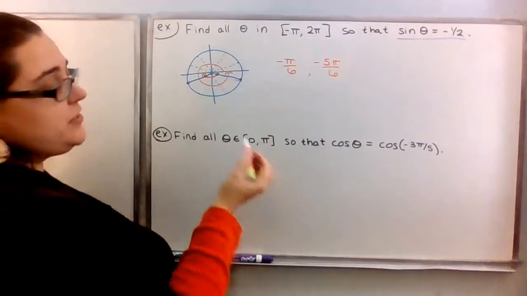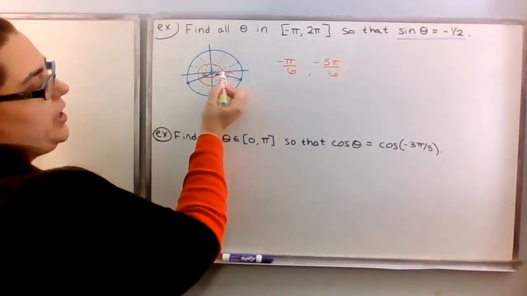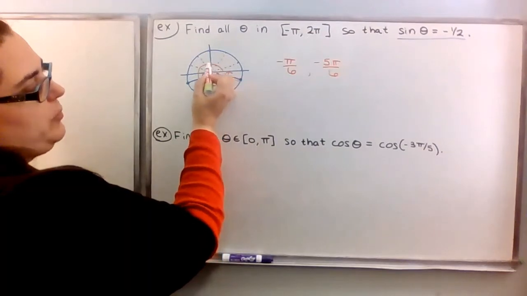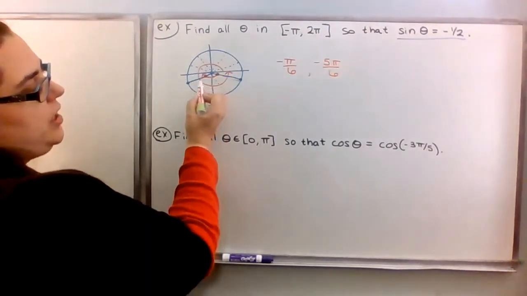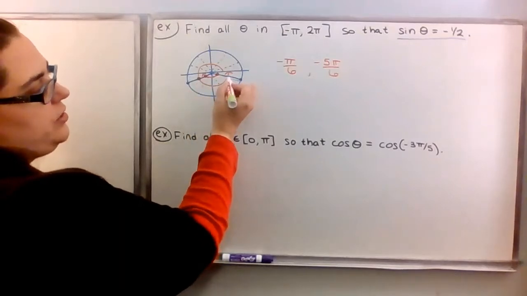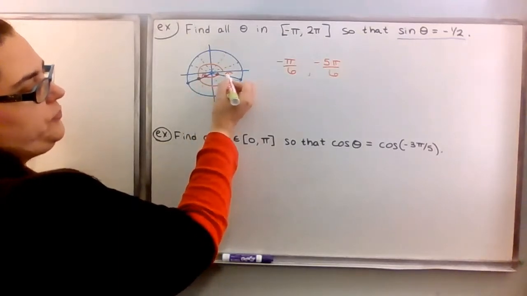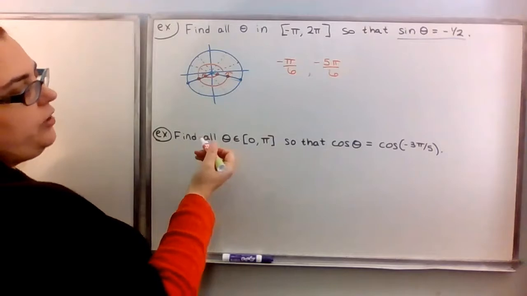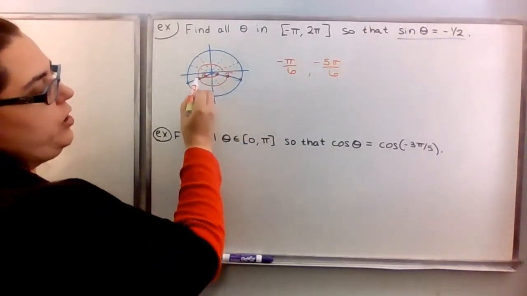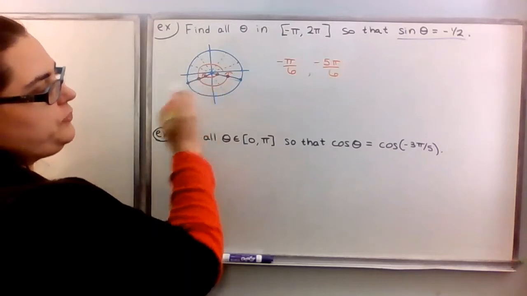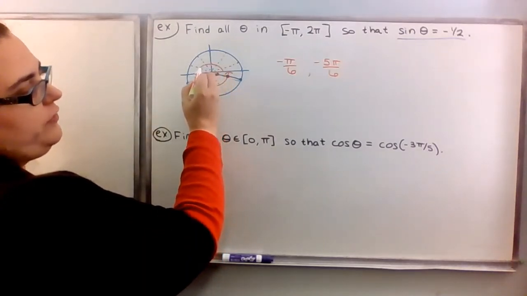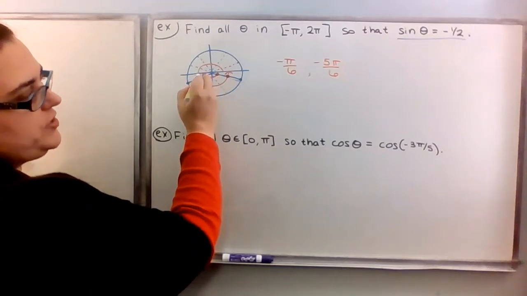Now I need the positive spots, so for the positive angle rather. As I go around the top, I'm not interested in the dotted lines. I'm just interested in where that red arrow is going to intersect those solid lines that I drew. So now I'm going to count the pi over 6ths again to figure out what these two angles are. So we have 1, 2, 3, 4, 5, 6 pi over 6.